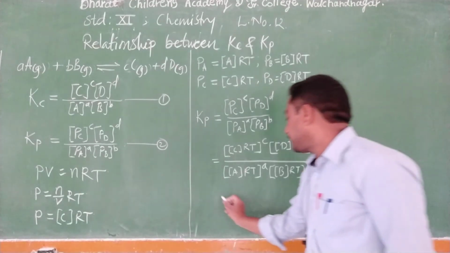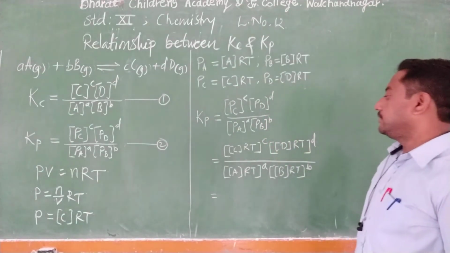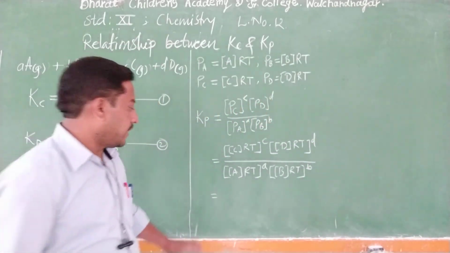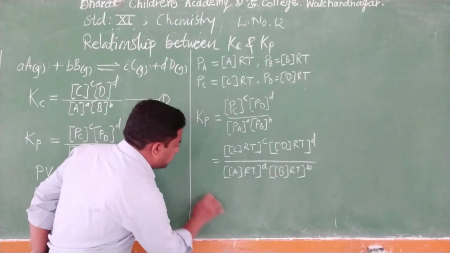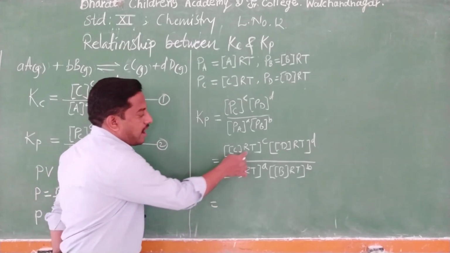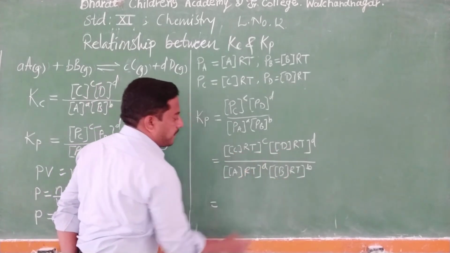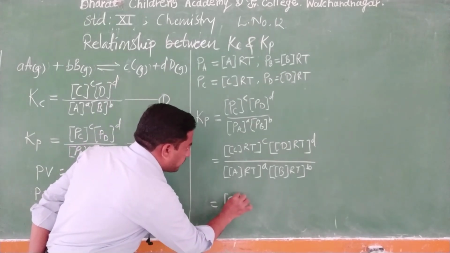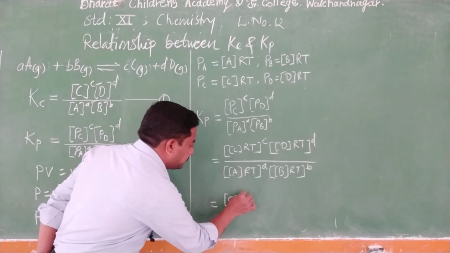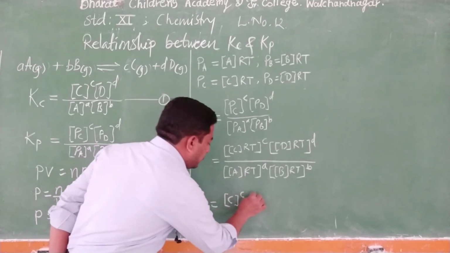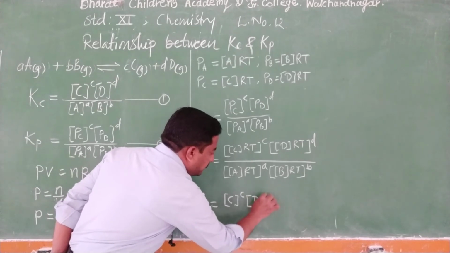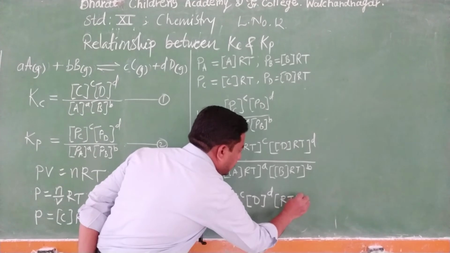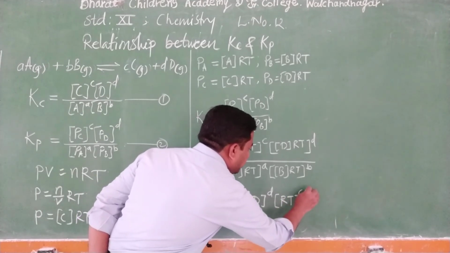Now, just take out the term which is common in all, that you can take outside the bracket, and what you'll get, you will see this is Kp will be equals to, now RT is common all over, right? So if I take RT common, I'll get C raised to c into D raised to d, and now RT will be common, RT raised to c plus d.